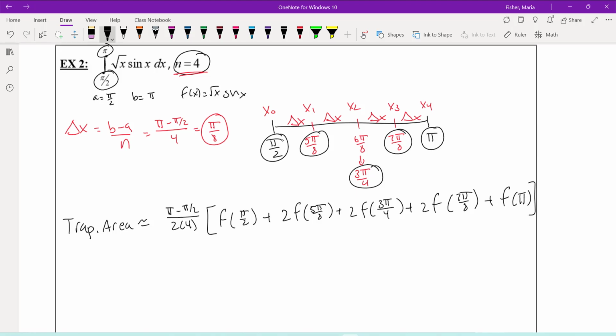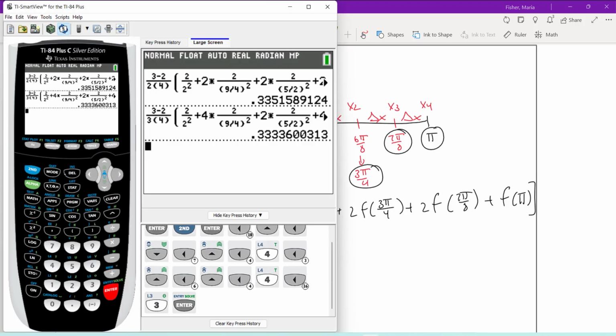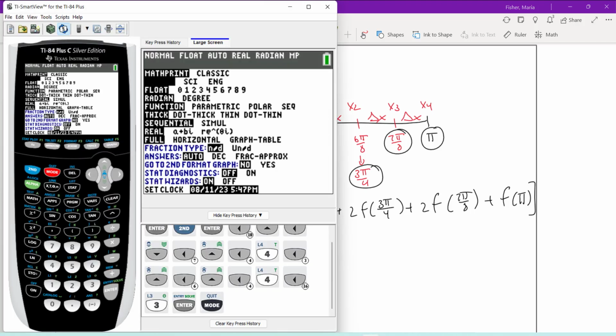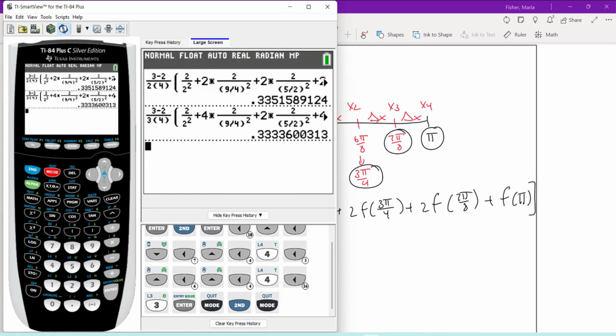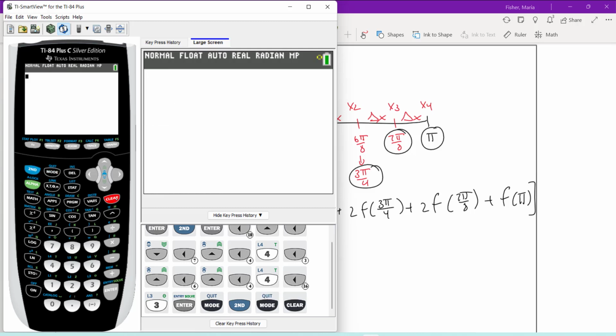Let's plug that into a calculator. Make sure that your mode is in radians. Checking real quick, I'm in radians, so make sure that you're in radian mode before you start.